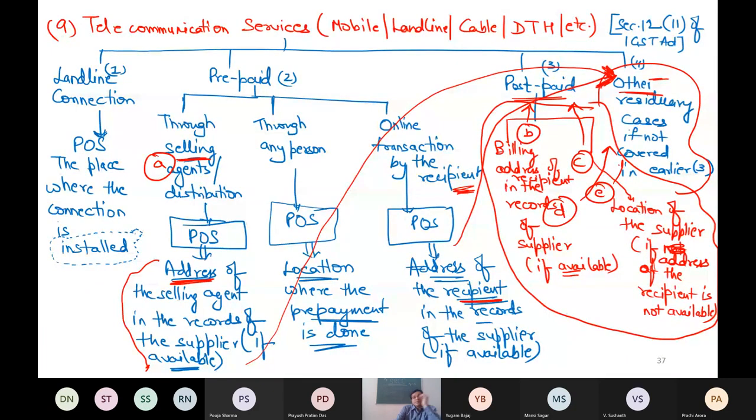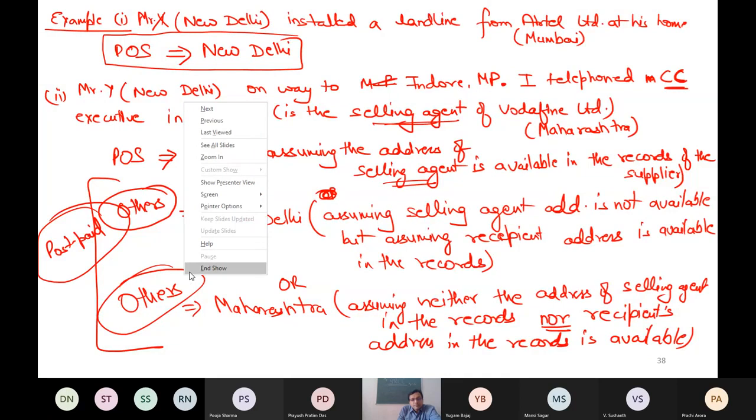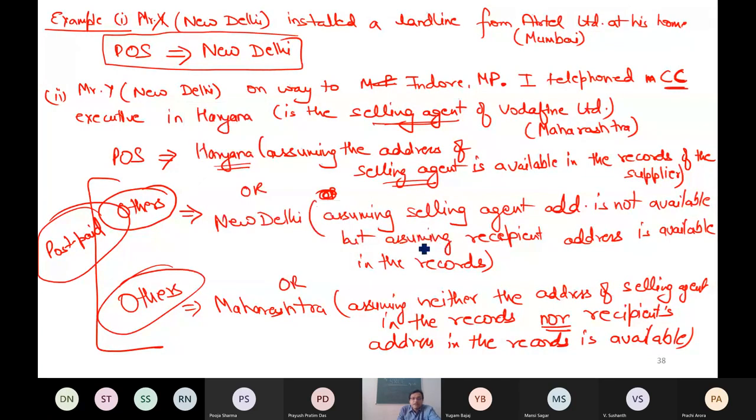Now next point. Now suppose in the same example, let me assume that Mr. Y, New Delhi, on way to MP. Third example. Mr. Y, New Delhi, is in MP.